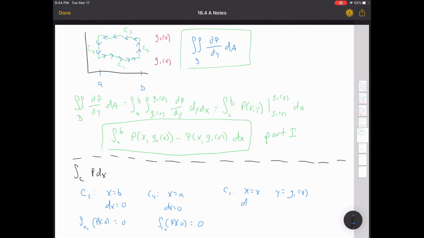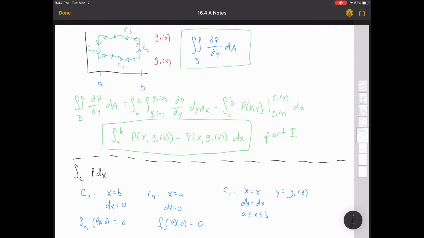But I do need dx. Well, dx is just going to equal dx. I know that this is going to go from a to b because that's what it says up here. This is not a simple line. That's why I made it wavy, so it's not just 0 to 1. So I do know that our bounds for x are a less than or equal to x, which is less than or equal to b.